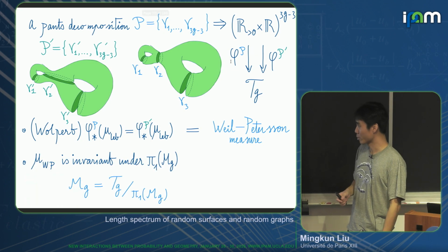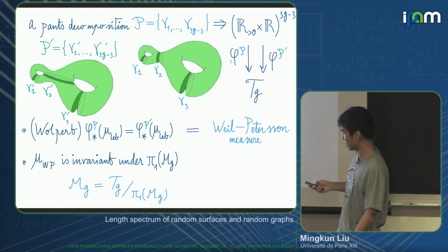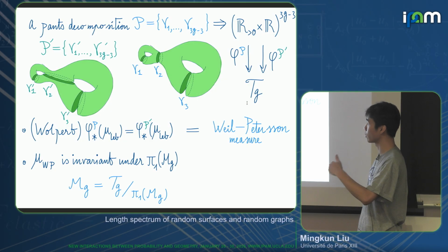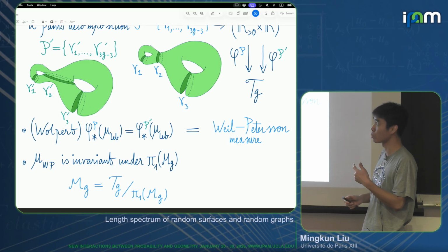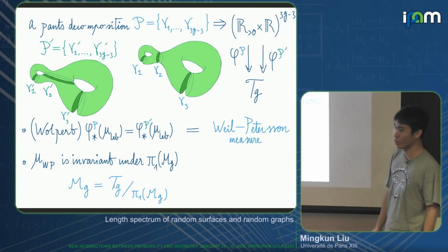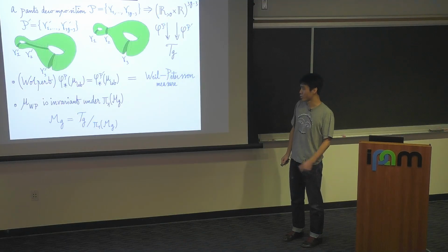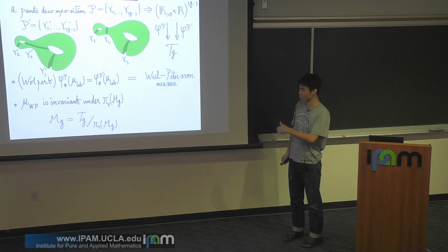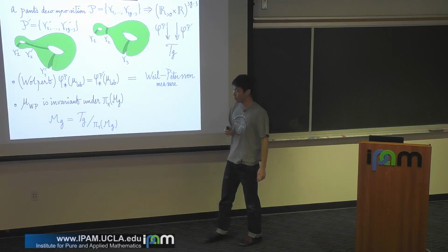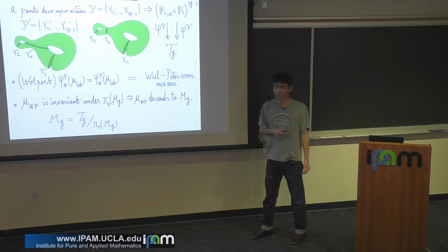And it is also a corollary of the first statement. This Lebesgue measure on the attachment space is invariant under the action of the fundamental group. Since the moduli space is a quotient of the attachment space by this action, and the measure is invariant, it descends to the moduli space.